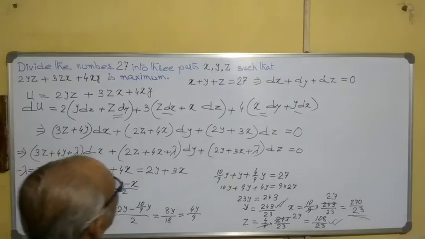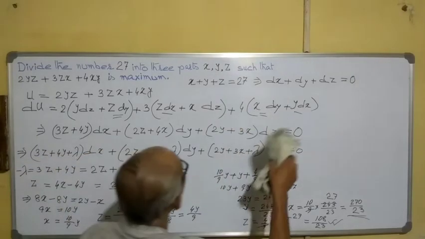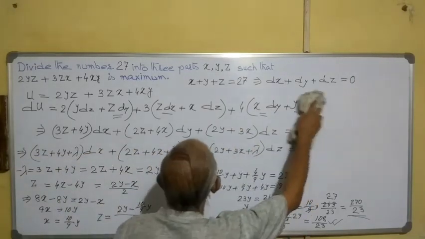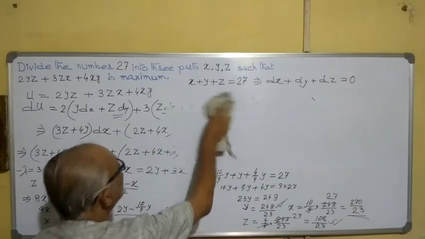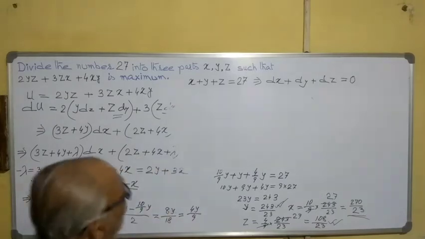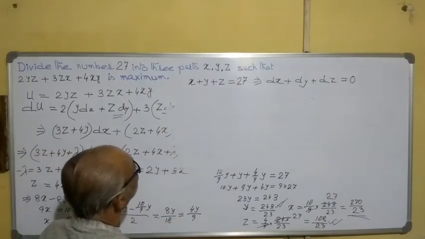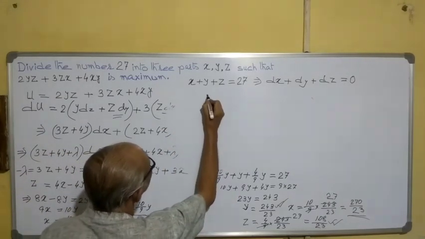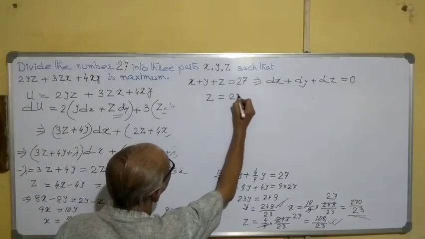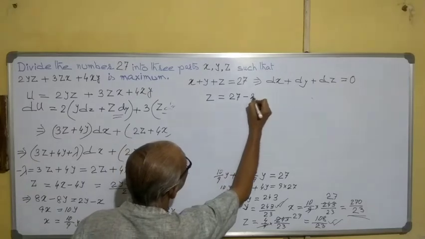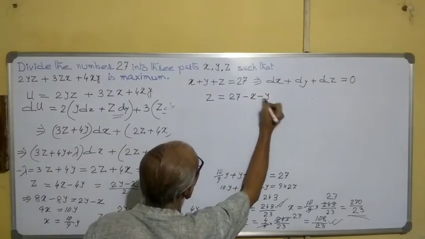Since x plus y plus z is 27, we can write z equals 27 minus x minus y.